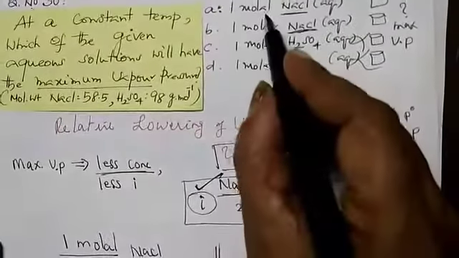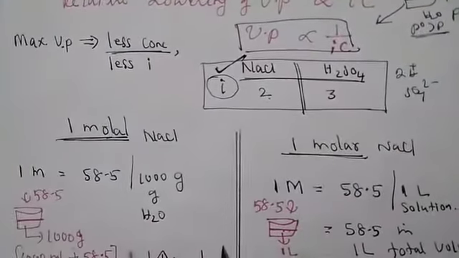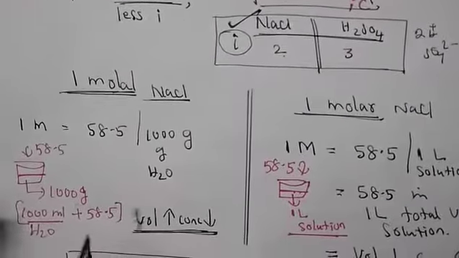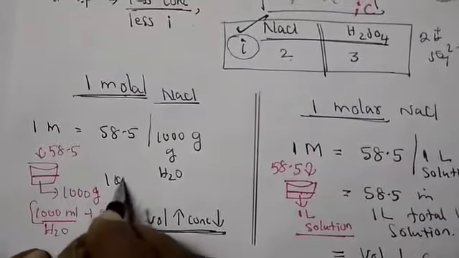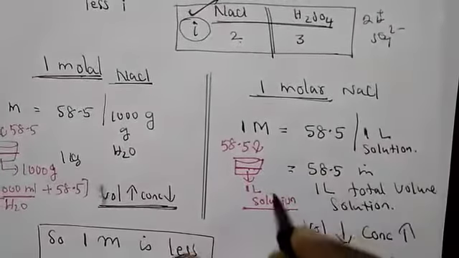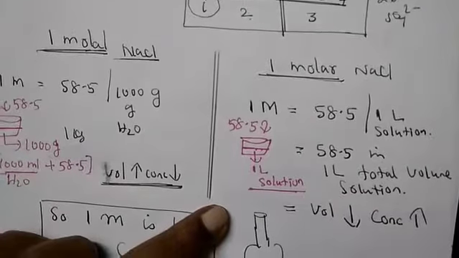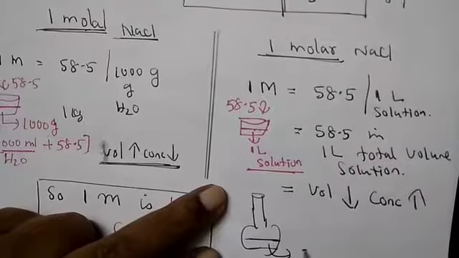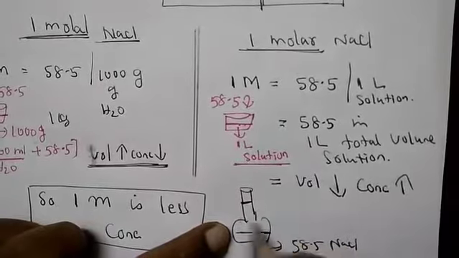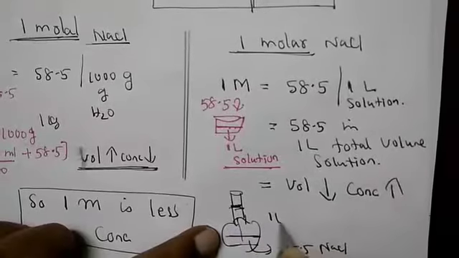Next, what is given is 1 molar and 1 molar. Now I am comparing with very basic knowledge. A 1 molar solution of sodium chloride is prepared in a standard flask: they take 58.5 grams of sodium chloride first, add water little by little, and bring it to 1 liter.